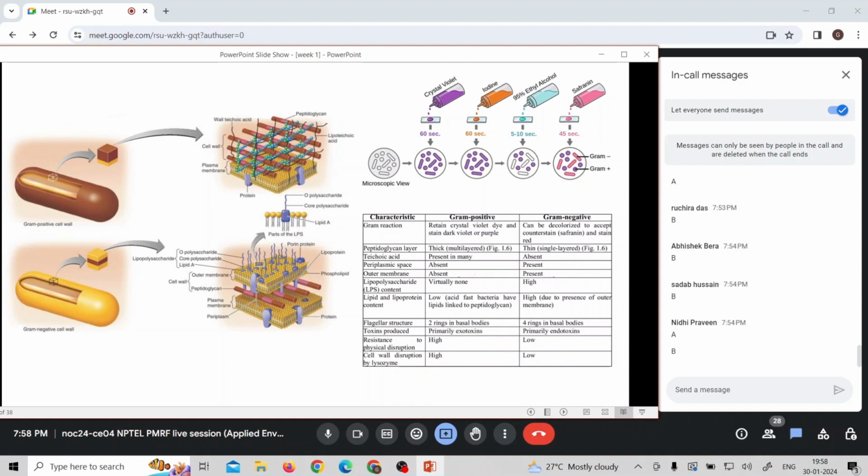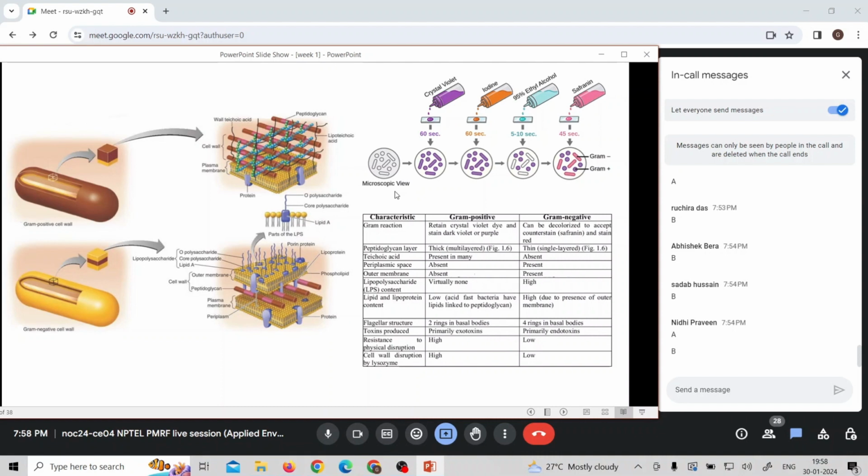Okay, now we have discussed what gram staining is. What makes the crystal violet stay in certain bacteria, why is it washed off in some, and why is safranin taken up? That is the key feature. As you can see, the gram positive cell wall usually has a plasma membrane and a cell wall, with a peptidoglycan layer, and you can also see teichoic acid here.